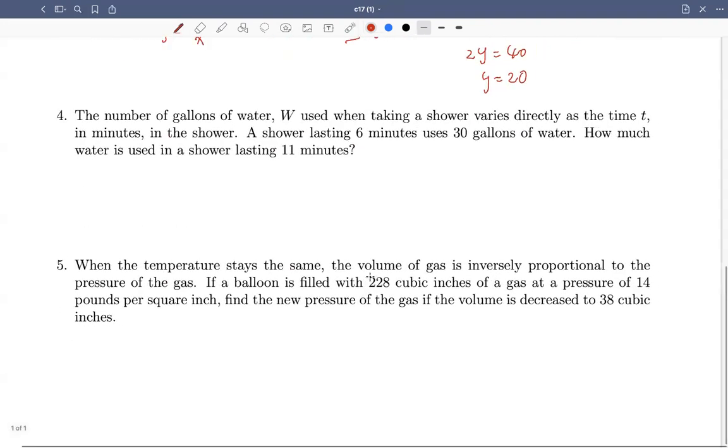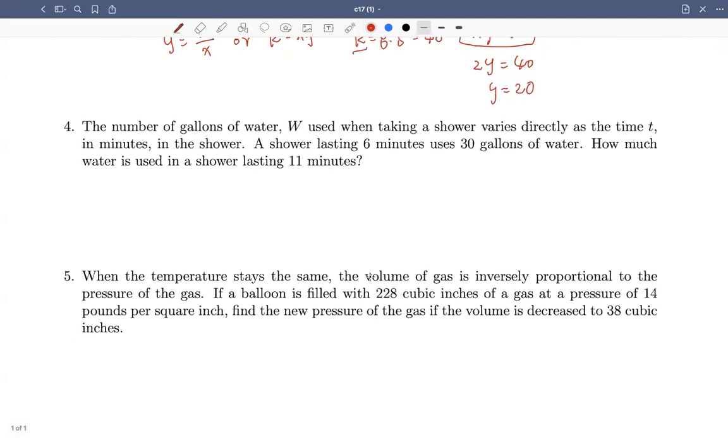Let's see 4 and 5. 4 is saying the number of gallons of water W used when taking a shower varies directly as the time T. So right away, we write our formula: W equals some constant K times T, in minutes in the shower.